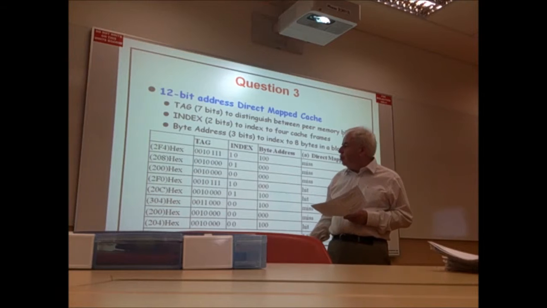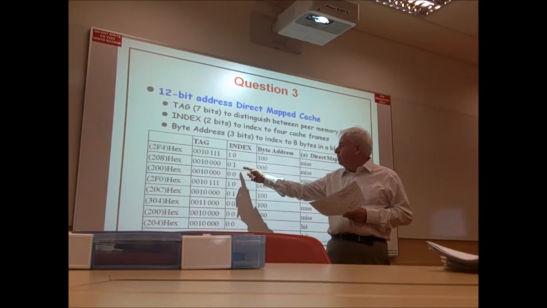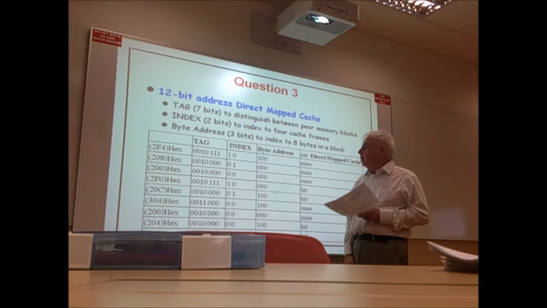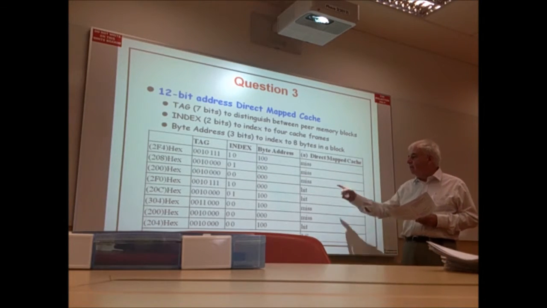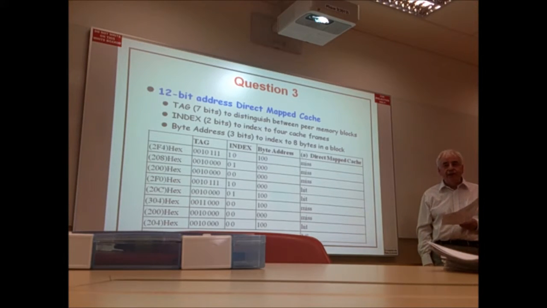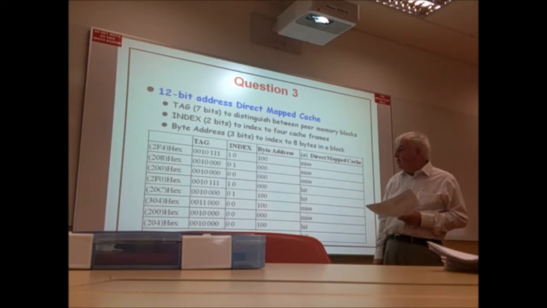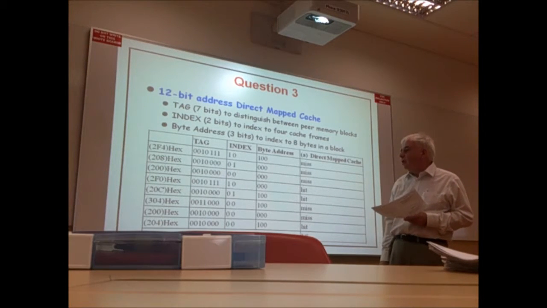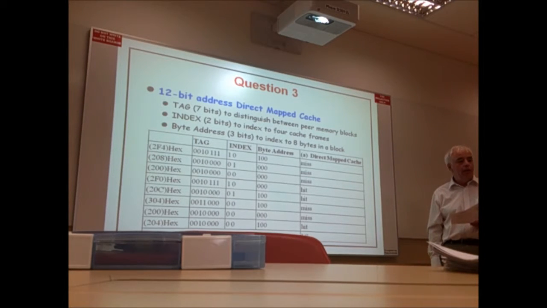The next address is 208, which will be mapped onto cache frame 1. Again, that will be a miss because the cache was initially empty. 200 hex is mapped onto cache frame 0. Again, a miss.